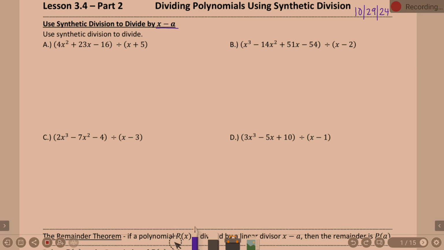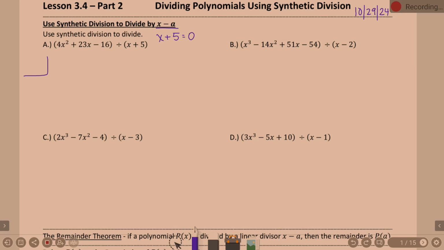Okay? So, first thing we're going to do is we're going to set up a little box here. And this little box is going to hold in it a number that represents what we're dividing by. Now, we're dividing by x minus 5, yes? Excuse me, x plus 5. So what we're basically putting in that box is our a value. What I always suggest is think of this x plus 5 as equal to 0.